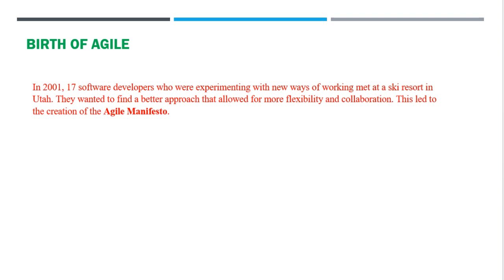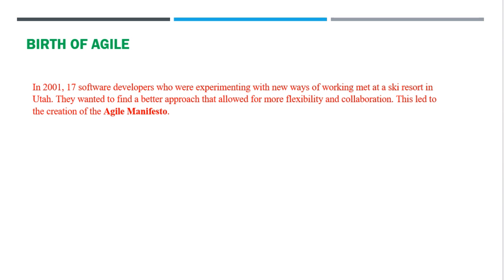Now, the birth of Agile, how it came into the picture. In 2001, 17 software developers who were experimenting with new ways of working met at a ski resort in Utah. They wanted to find a better approach that allowed for more flexibility and collaboration.